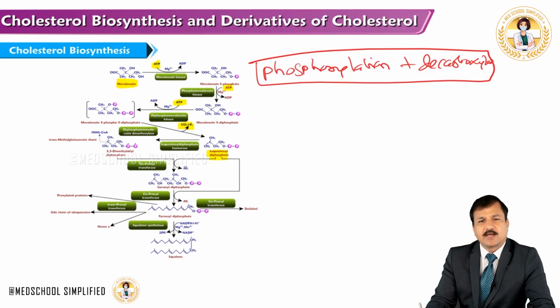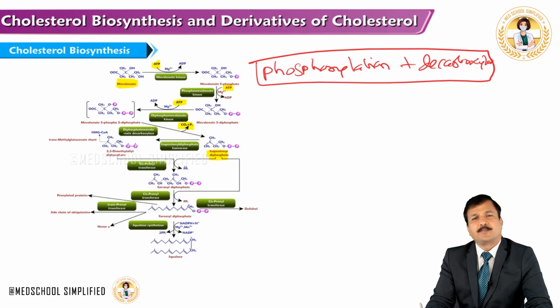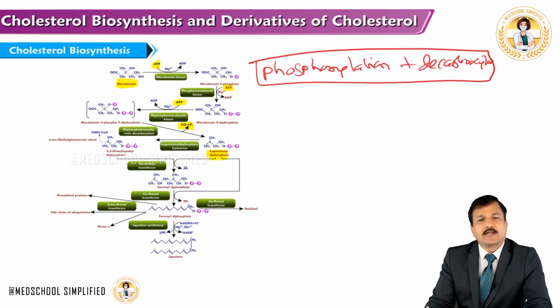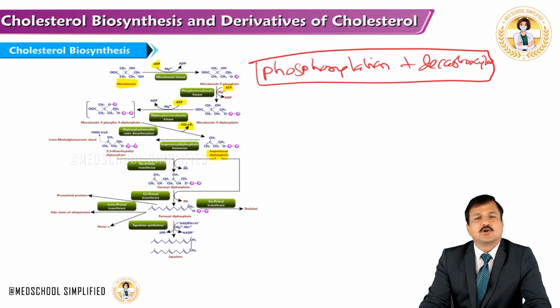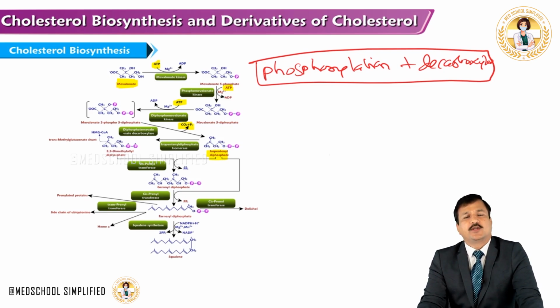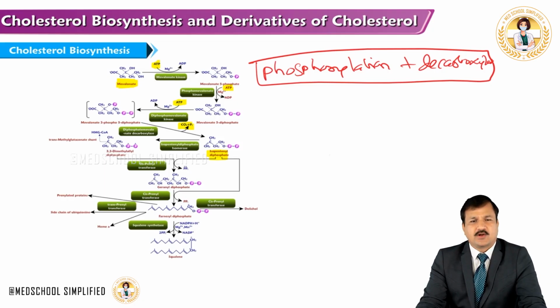So isopentenyl pyrophosphate or diphosphate contains 5 carbons and 2 phosphates. Penta means 5, as you can understand from the term, di means 2. So isopentenyl diphosphate is the isoprenoid unit containing 5 carbons.